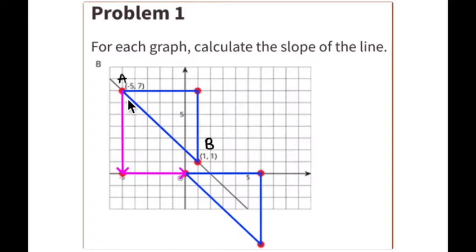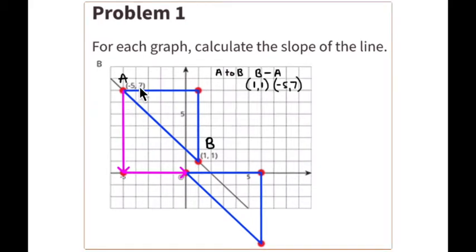So I'm showing this as moving from A to B, so I'm going to take the coordinates at B and subtract the coordinates at A. So the y coordinates are 1 and positive 7, so it's going to be 1 minus 7. So 1 minus 7 is this, subtracting these 7 units right here, and it's this 1 minus these 7 units.